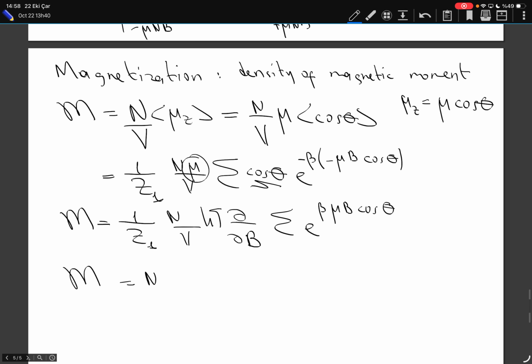And let me write this N0, N over V, the number density of these magnetic dipoles, of kT times derivative with respect to B of logarithm of Z1.